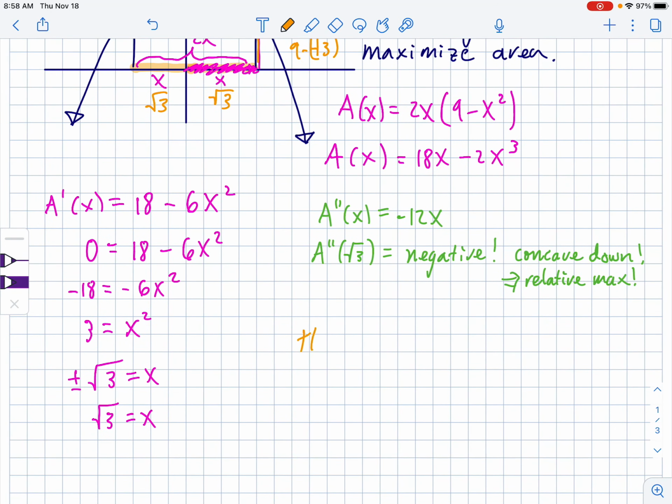So, final answer, 2 root 3 by 6. That's it for that one.